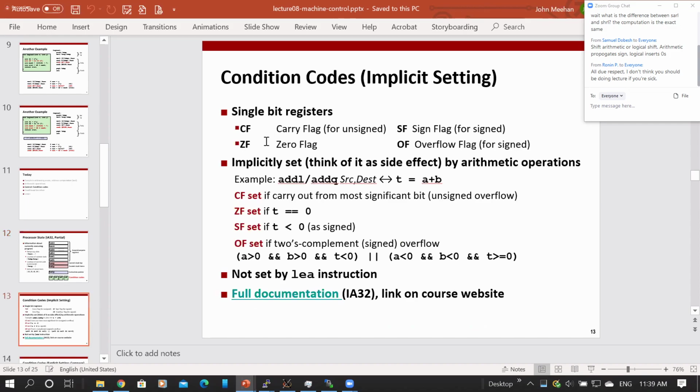The CF is the carry flag. So if I did an operation on the computer, and I chose to think of the two things I was operating on as unsigned numbers, like I did an add long word or something, if that would have caused a carry out of the leftmost bit position, that would light up this carry flag.